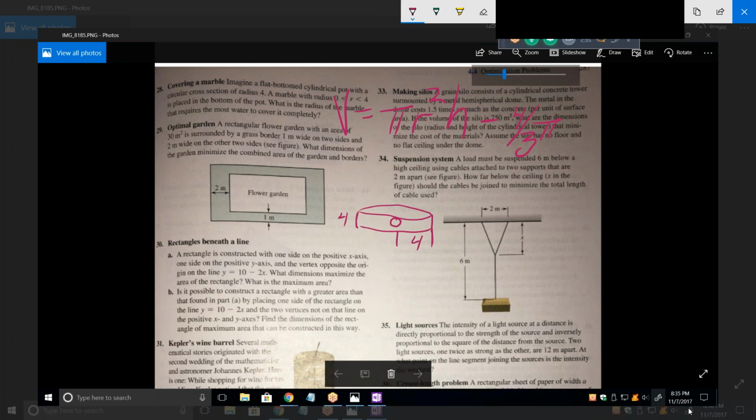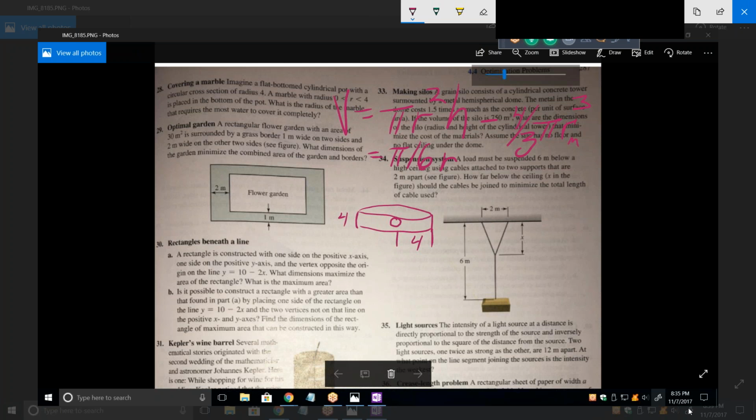Only this is a different r. We're going to call that r sub n. This r over here isn't even a variable. I can fill that in. It's pi times 16 h. And I know h is the same as this r, right?